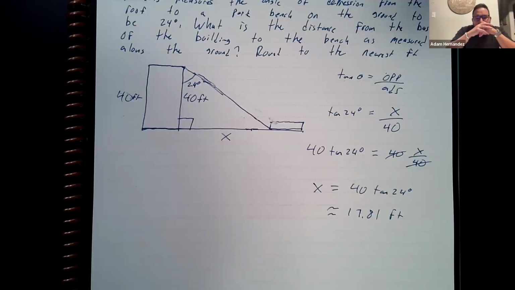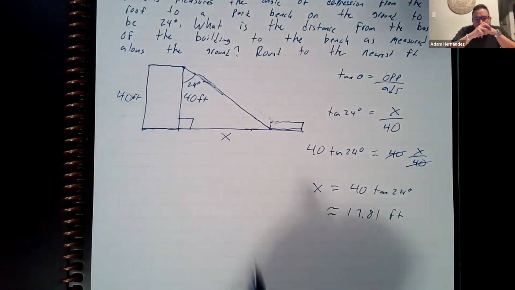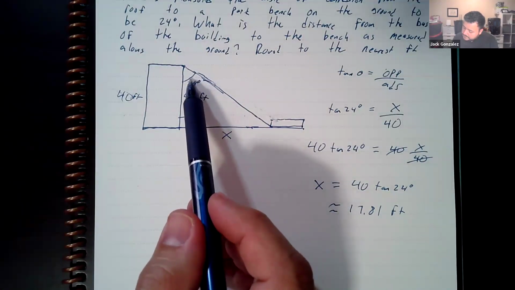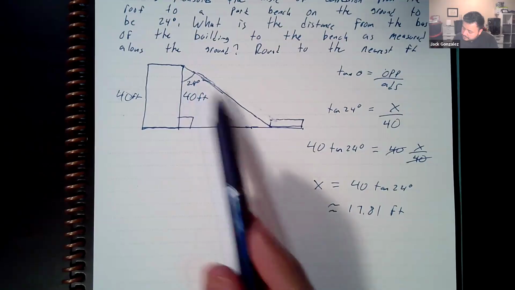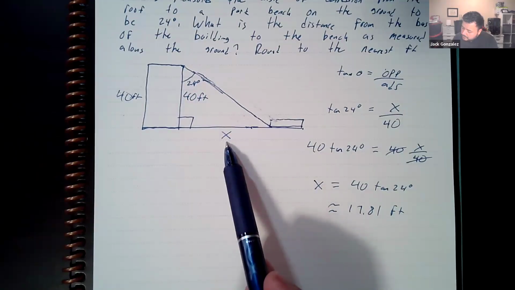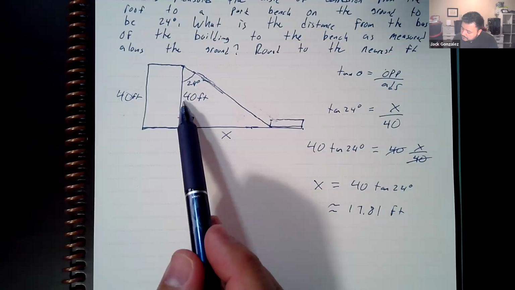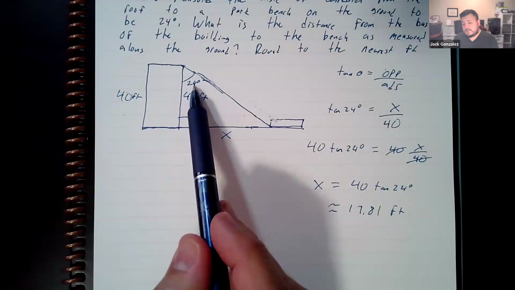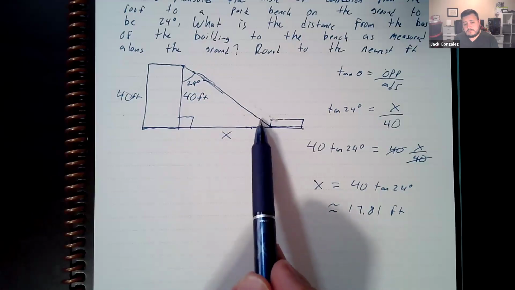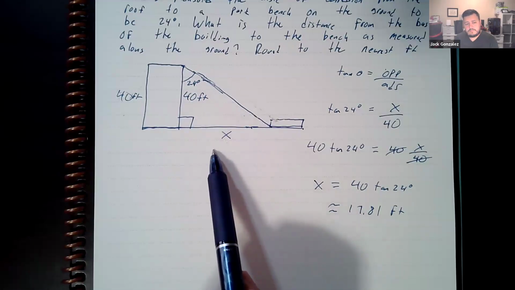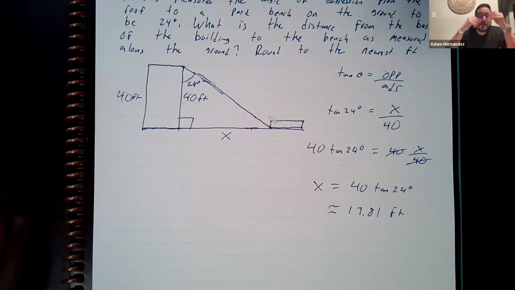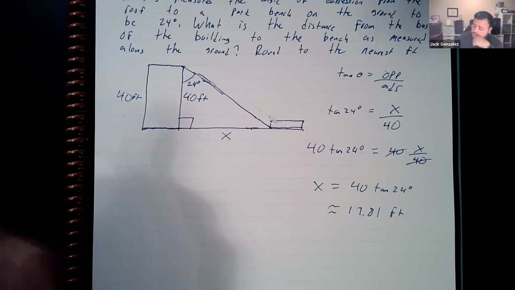Which then you would divide by 40. We have our angle here, right? Opposite to that angle should be here over the adjacent. Oh, okay, I see what you're saying. So unless the angle is at the wrong spot, then it would be 40 over x. So as long as we put the angle in the correct spot, this is correct.